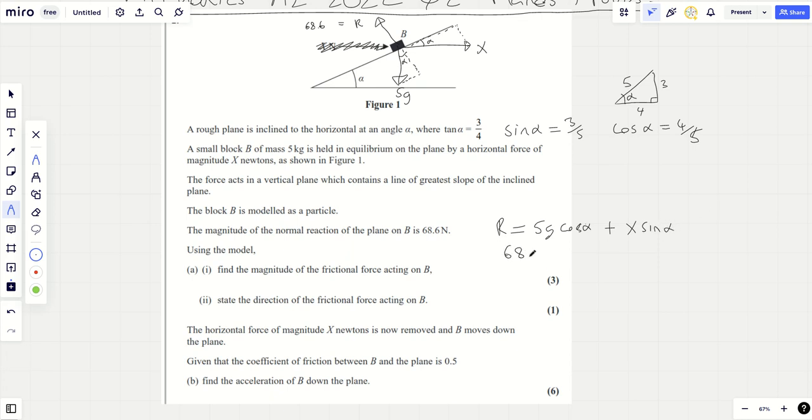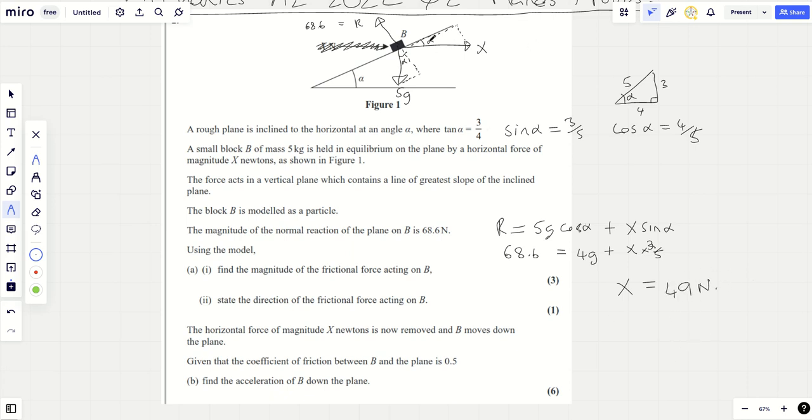Now I know R is 68.6, and cos alpha is 4/5, so 4/5 times 5g is 4g, and then I've got x times 3/5. That's enough for me to find x: I take away the 4g and then multiply by 5/3. So x equals 68.6 take away 4 times 9.8, then multiply by 5 and divide by 3. Okay, I'm getting x equals 49 newtons, or 5g.